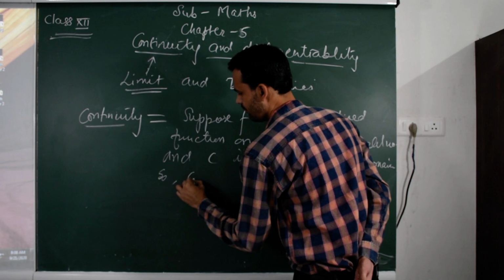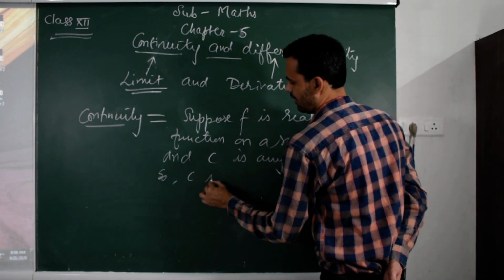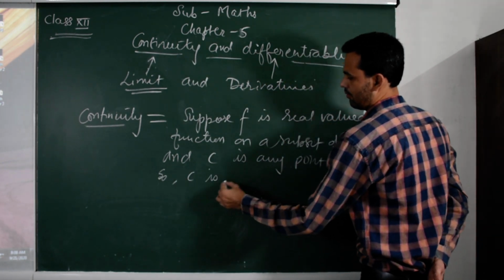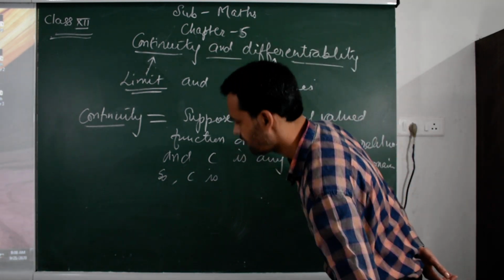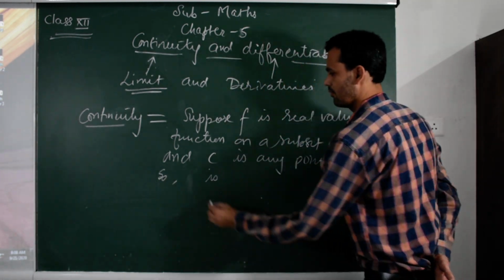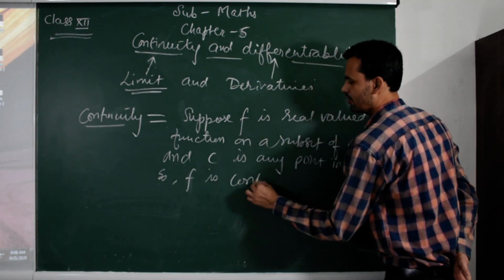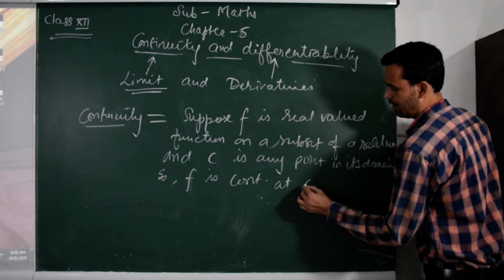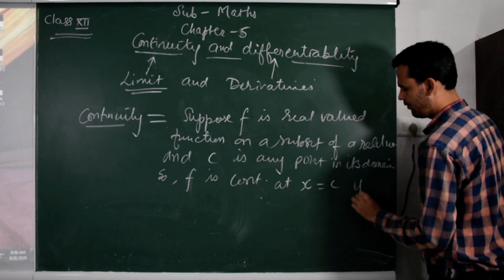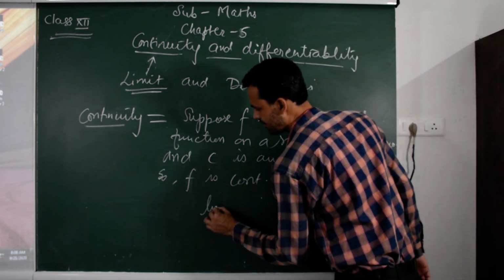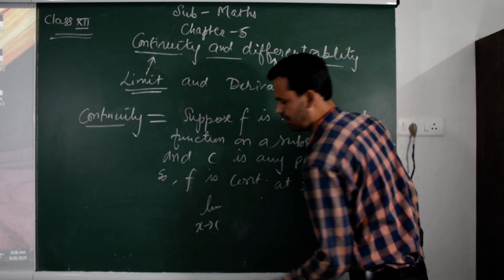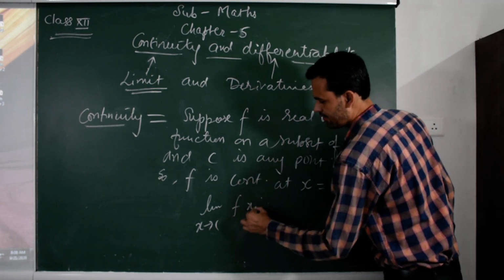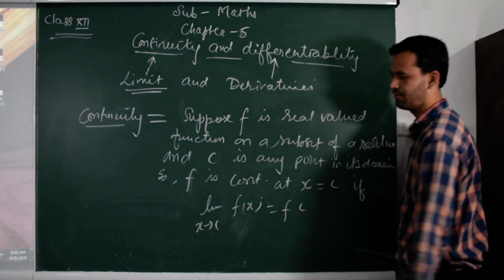So f is continuous at x equals c if limit x tends to c f(x) equals f(c).